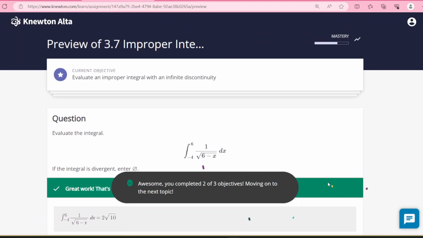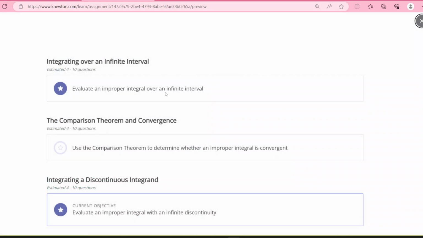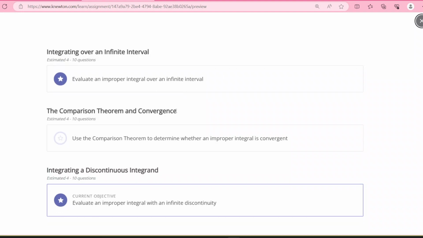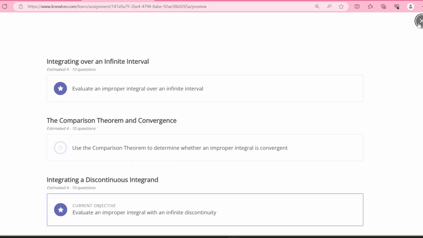Wonderful. All right, so we got the improper integrals we've done over infinite intervals. We've seen over finite intervals, but where there's a discontinuity. The last objective will be some sort of comparison.